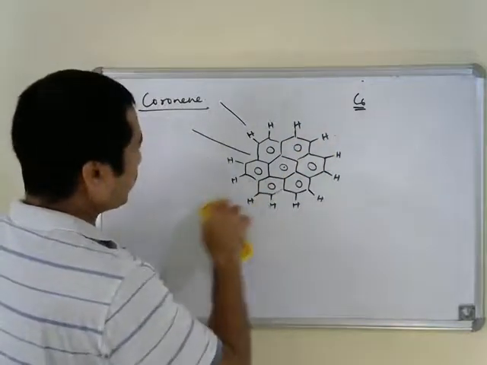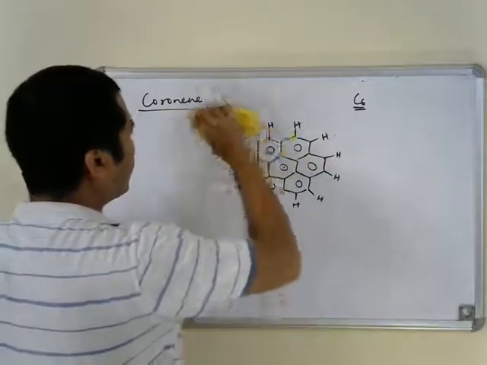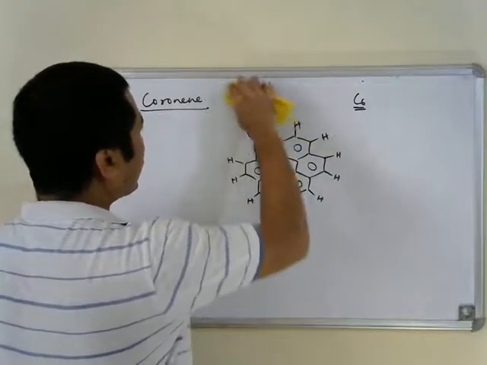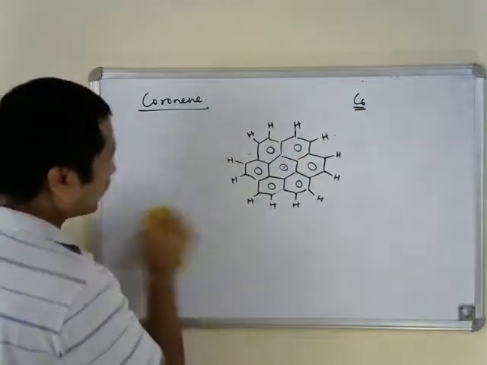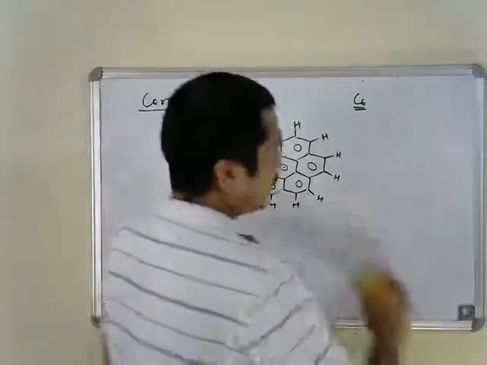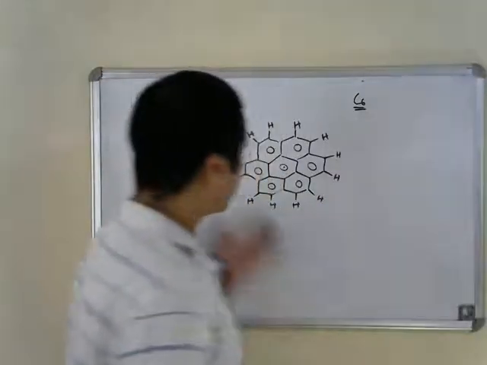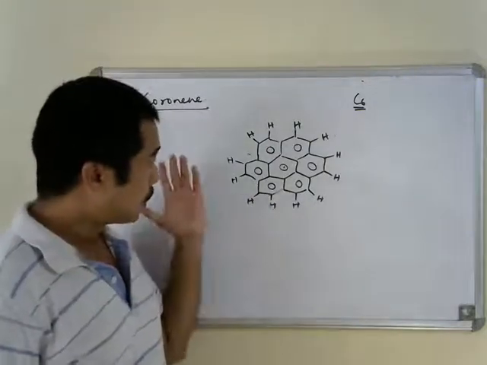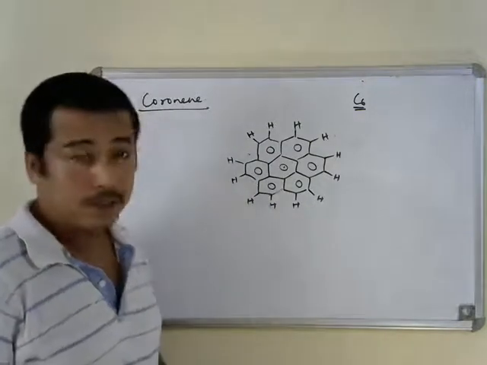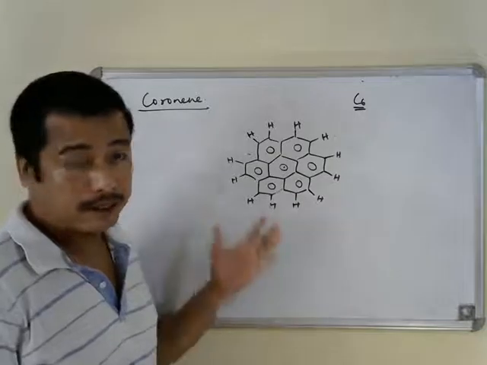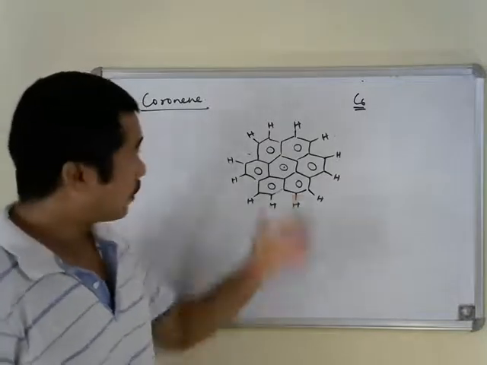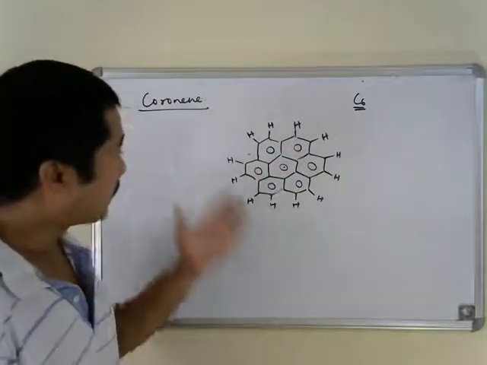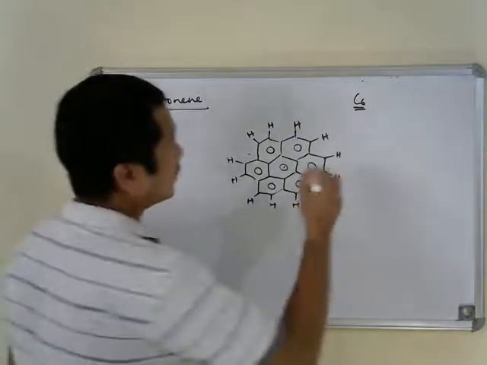Let us now try to find out if there is any sigma h plane of symmetry present in this molecule or not. Because this molecule is planar, the plane containing all the atoms is the molecular plane, and that is going to be perpendicular to the C6 axis of symmetry, and that is why it is denoted as sigma h.